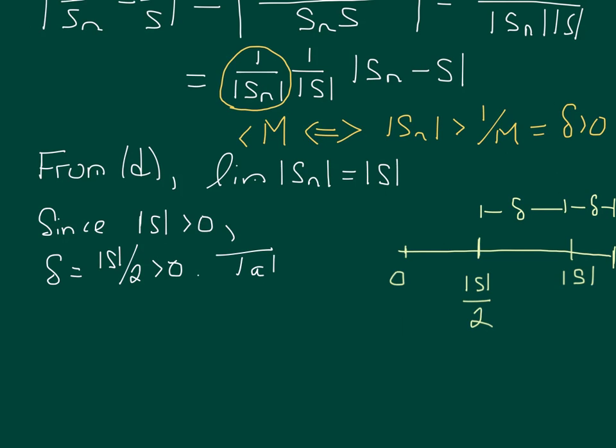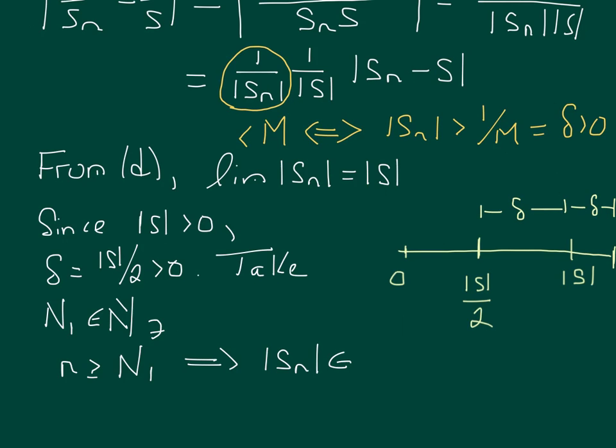And we can take a positive integer, let's call it n sub 1, such that whenever little n is greater than or equal to n sub 1, the absolute value of S sub n is in the delta neighborhood about the absolute value of S. Why can we do that?